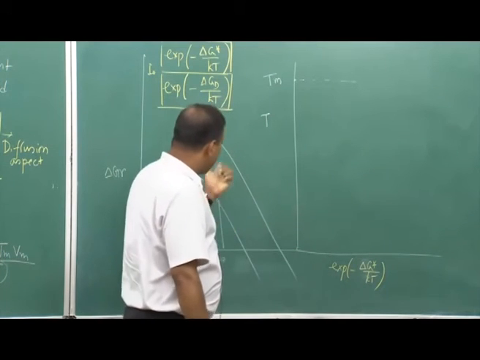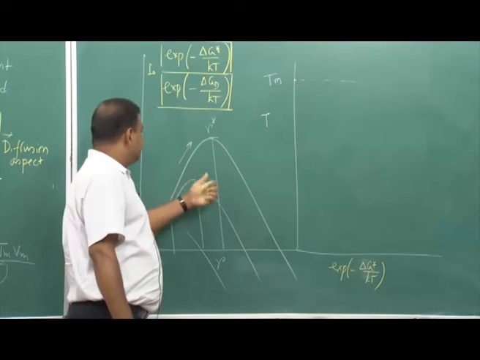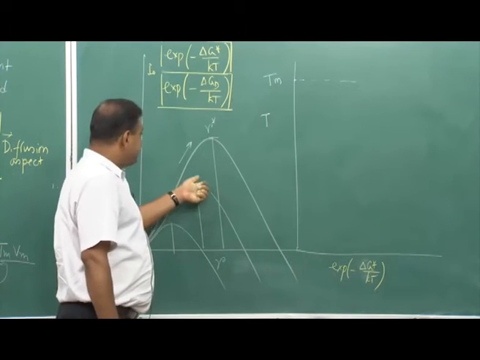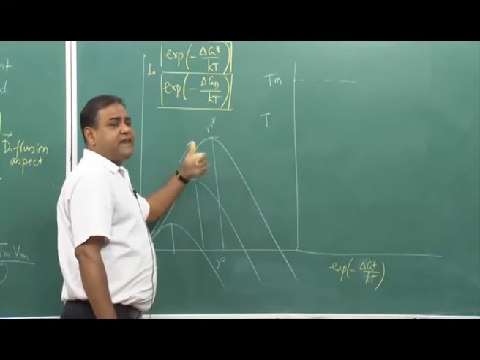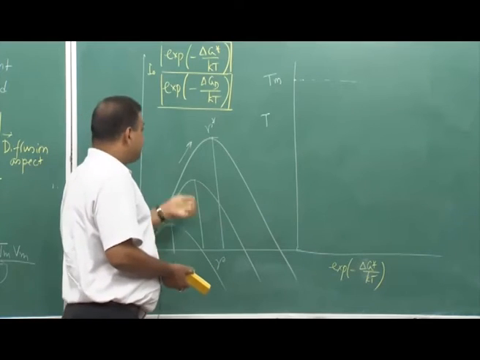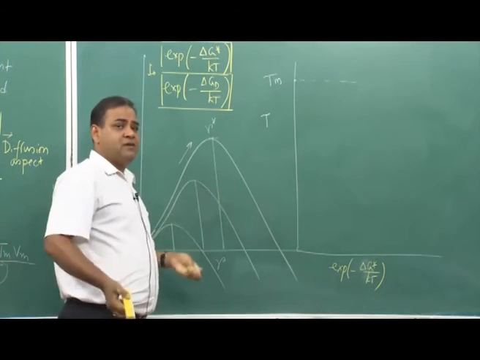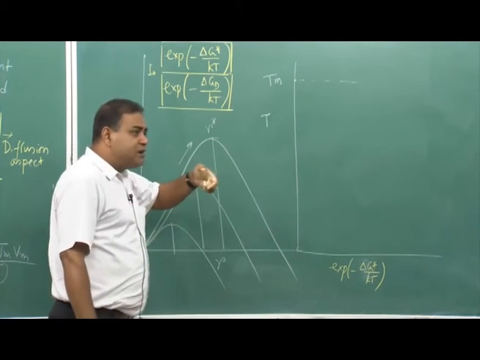Now, as we go to lower and lower temperature and this nucleation event happens, going to the top of this particular peak takes thermal fluctuation. That thermal fluctuation will not be sufficient to form a very large crystal or very large solid. So, we need a little undercooling.